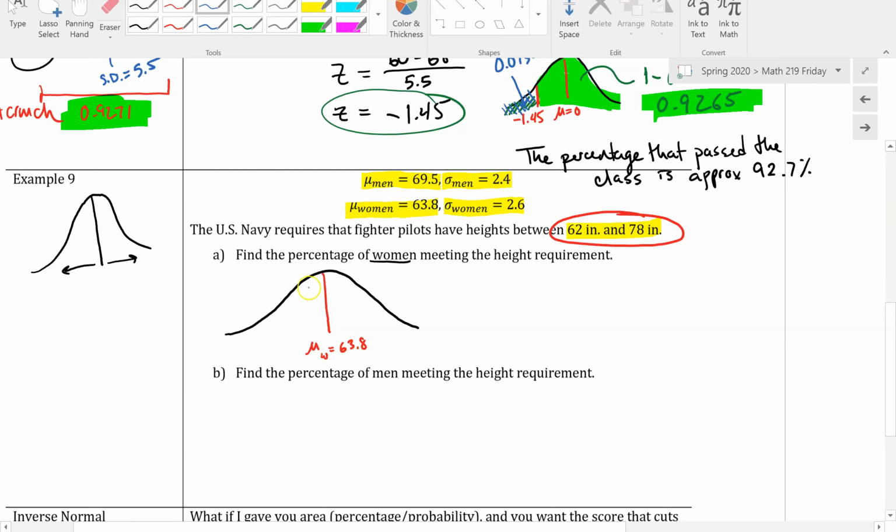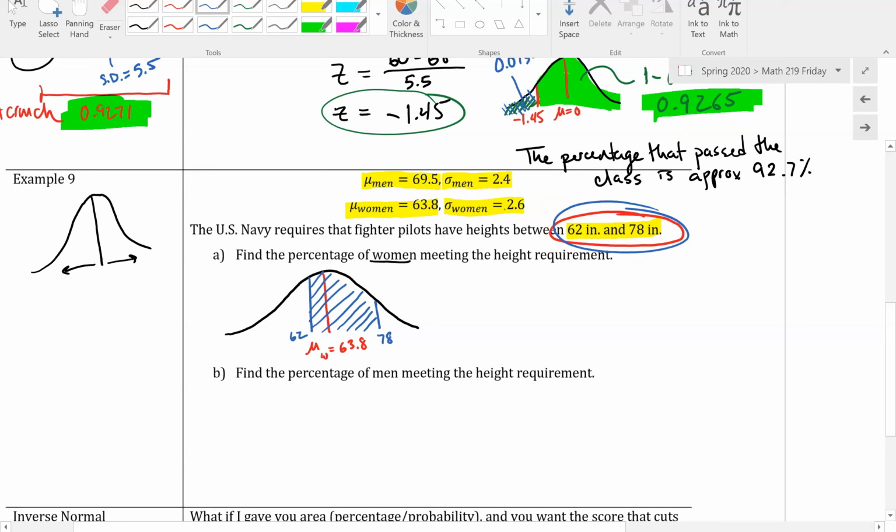So 62 would be a little bit below the mean, and 78 would be fairly high above that mean. And so this percentage of women would satisfy the Navy's height requirements to become a fighter pilot. So we want to find that percentage, or the probability that a woman fits that height requirement.